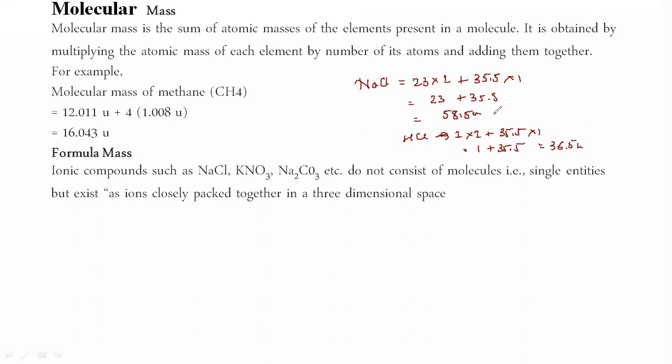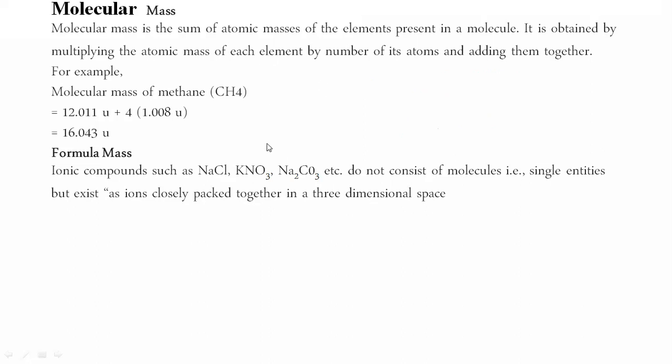Yes, U. So when they ask atomic mass, molecular mass or formula mass, we use the unit U. There is one more thing, that is gram atomic mass and gram molecular mass.